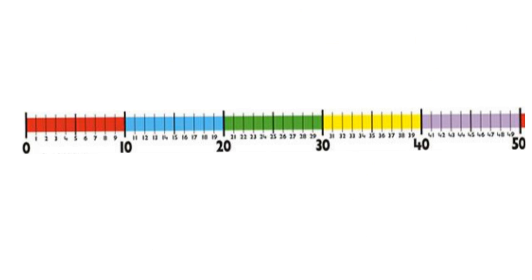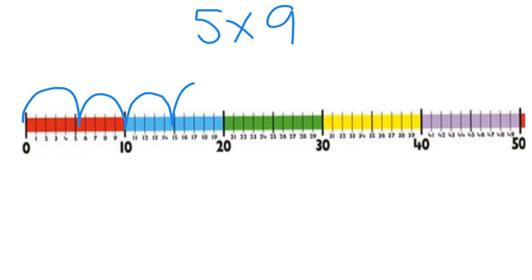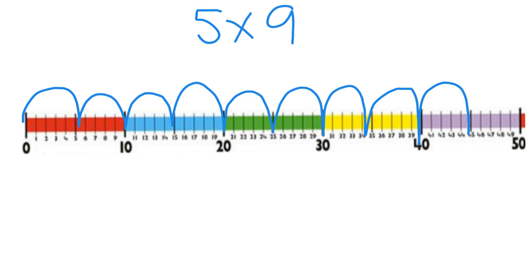Like I said, we can also use our skip counting by 5s to solve this problem. And we know how to do those really quickly because we've been practicing them for a long time. So if I'm going to do 5 times 9, I can skip count by 5 9 times. So 5, 10, 15, 20, 25, 30, 35, 40, 45.